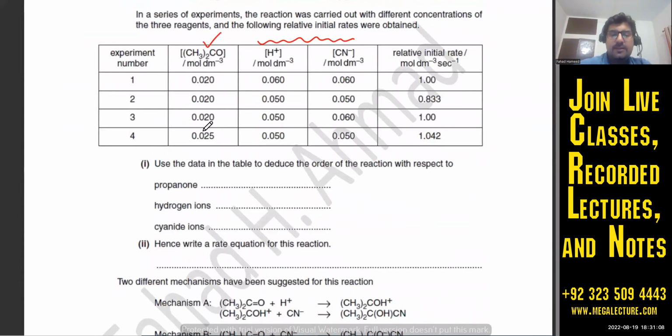So which experiments should I use to investigate the rate or order of this one? Which one would you use? 2 and 4.